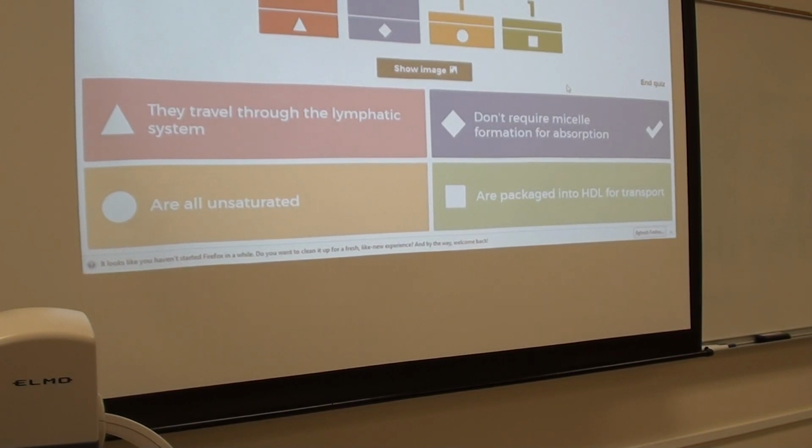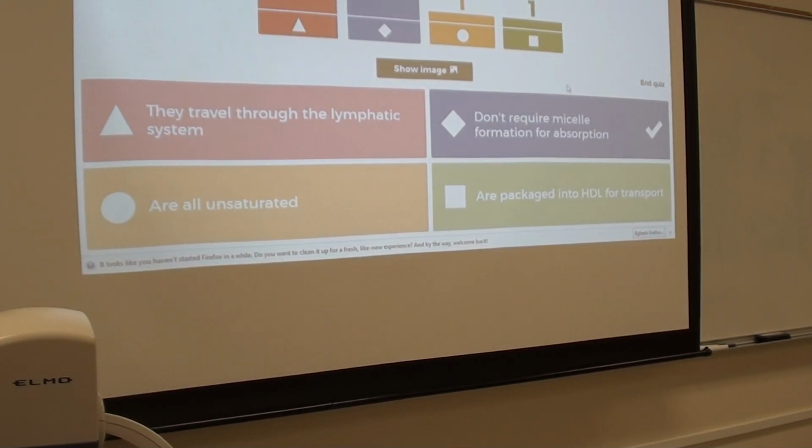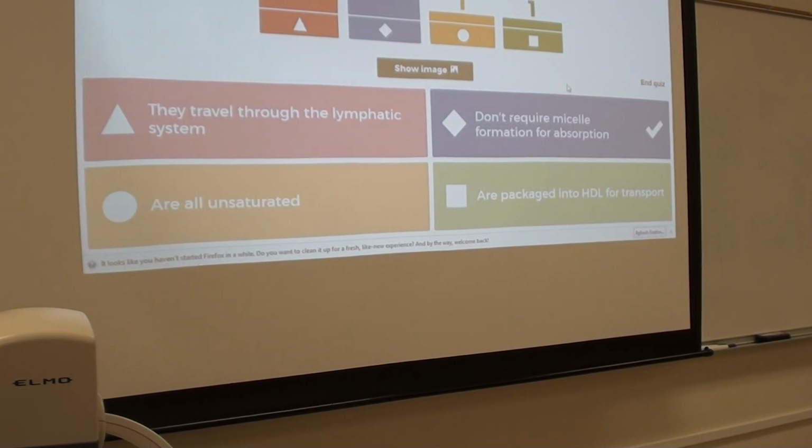But why couldn't it be 100% MCT oil? Cause some diarrhea probably. Good answer. So the formula had to be 85% medium chain triglycerides. So that means it didn't have to have bile for absorption, didn't have to be packaged in the chylomicrons.